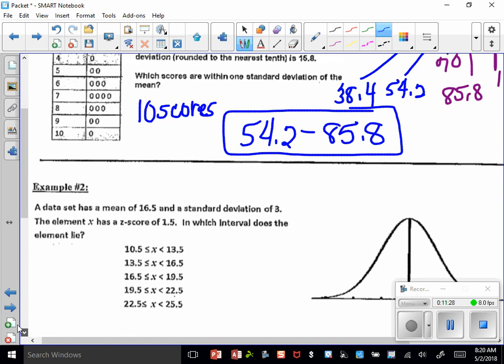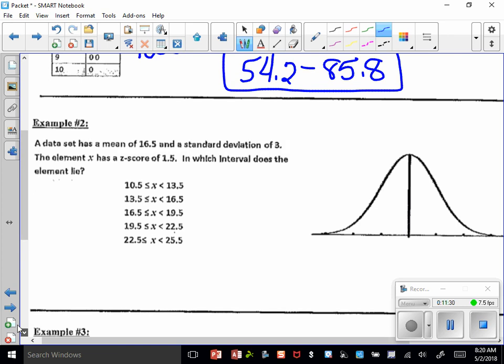Okay, second one is also one that we got from an old SOL release test, so let's take a look at it. It says the data set has a mean of 16.5, and a lot of times, guys, as soon as it says that, you need to go ahead and make your bell curve. There's your mean. Here's your standard deviation. They said you're counting by what? 3. So that's going to give me 19.5.